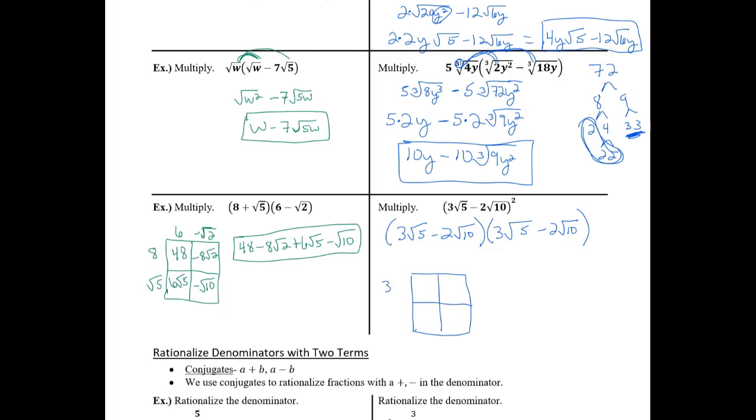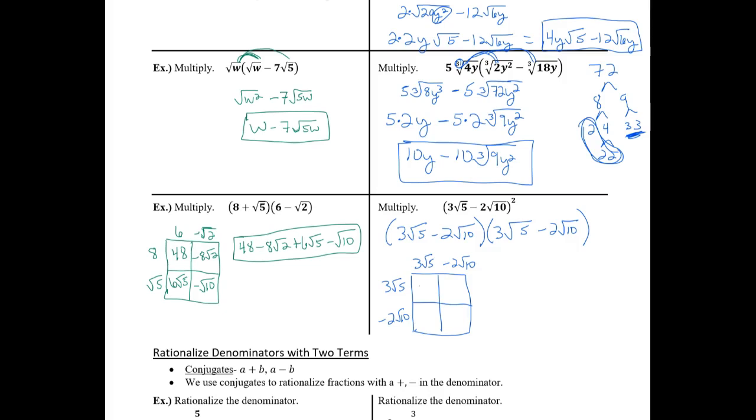I have 3 square root of 5 minus 2 square root of 10 on one side, and the exact same thing on the other side. 3 square root of 5 times 3 square root of 5. The stuff outside the radical gets multiplied, the stuff underneath the radical gets multiplied.